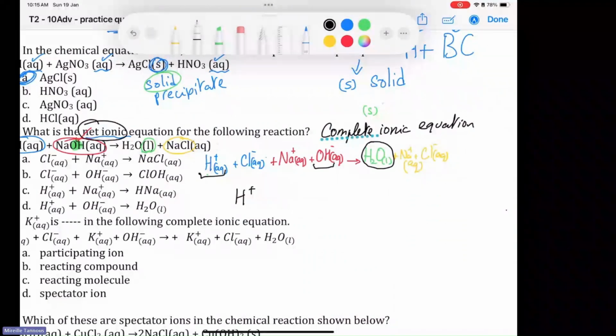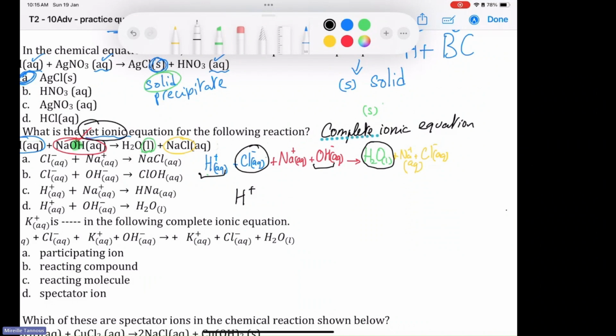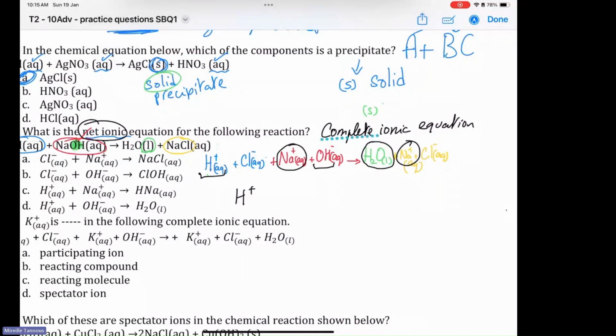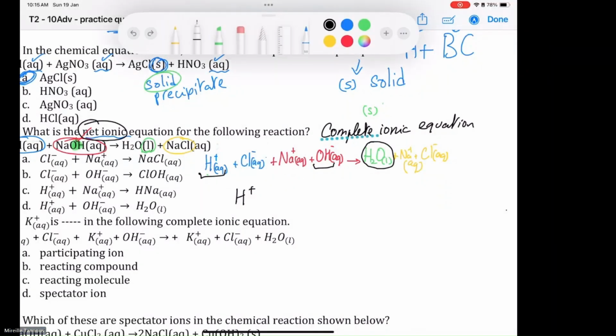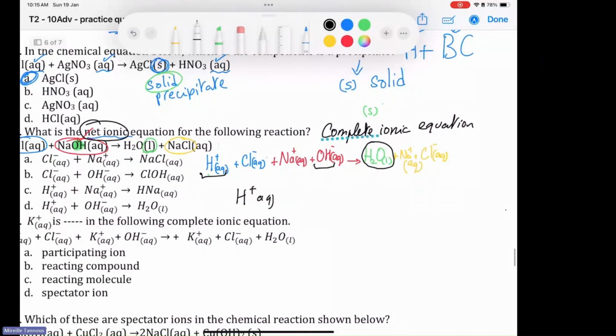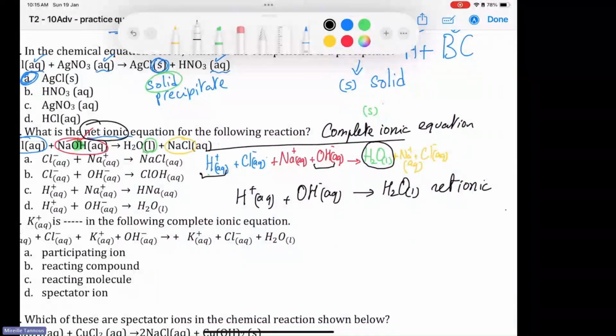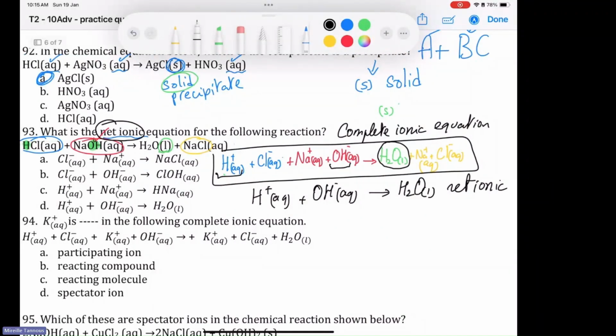So in the net ionic, if I remove the Cl minus from both sides, and if I remove the Na plus from both sides, I will only have H plus and OH minus giving H2O liquid. This I call net ionic. So what I wrote over here is complete ionic, and right now what I am writing is a net ionic.